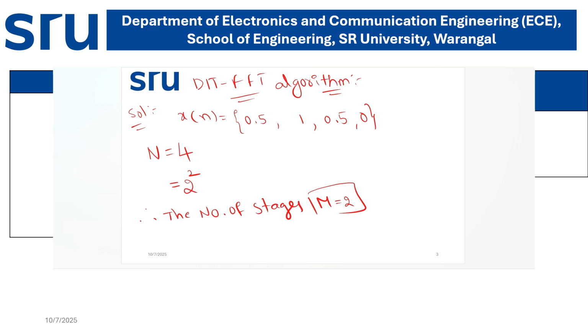So depending upon this, in terms of the direct DFT formula, x of k is equal to summation n is equal to 0 to n minus 1 x of n e power minus j 2 pi k into small n by capital N. Okay, so this is equation number 1.